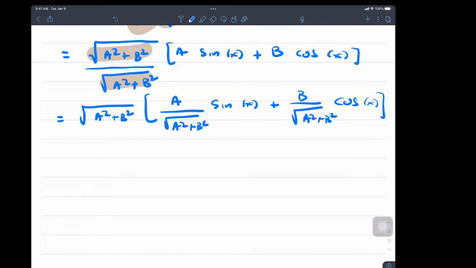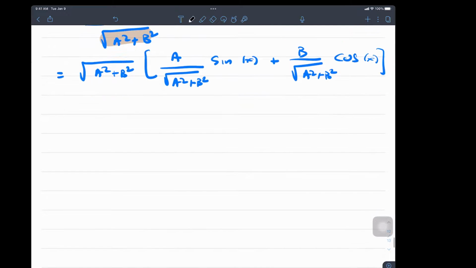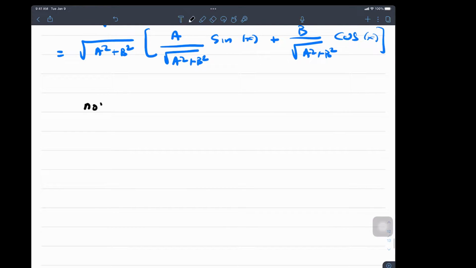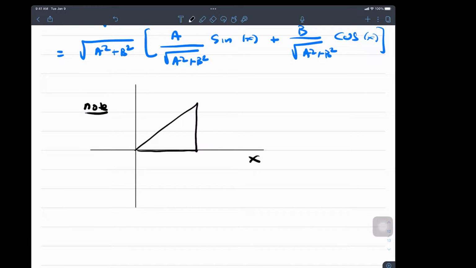Now, here's what I'm going to do. I'm going to change my color. I want you guys to notate something here. I'm going to create a triangle. Here's your x-axis, here's your y-axis, and call that angle phi.